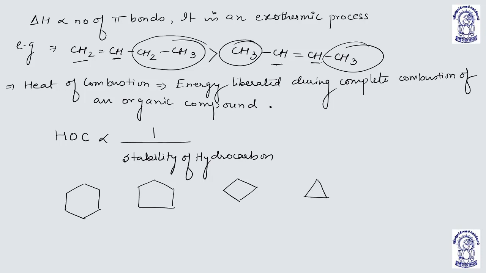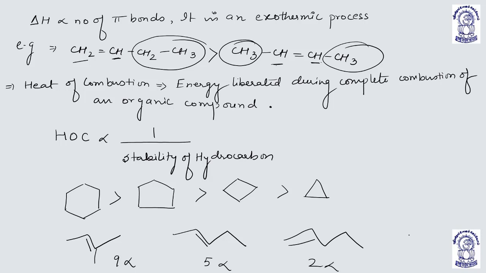As we are decreasing the carbon number of the cyclic chain, the heat of combustion is decreasing. It is having 9 alpha hydrogen, 5 alpha hydrogen, 2 alpha hydrogen, 1 alpha hydrogen.